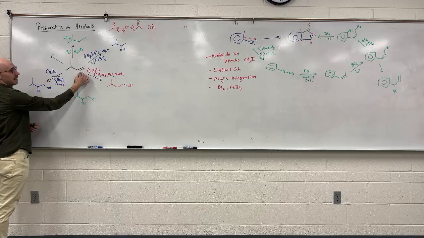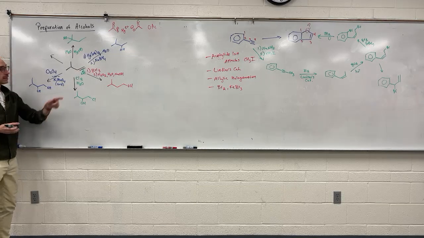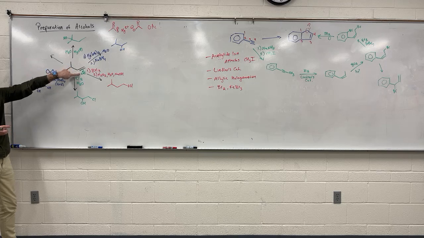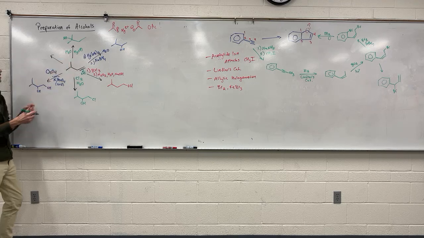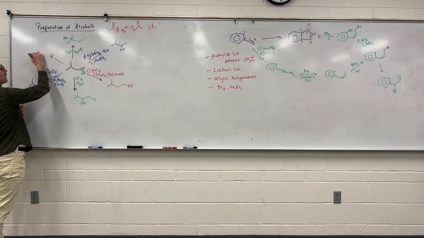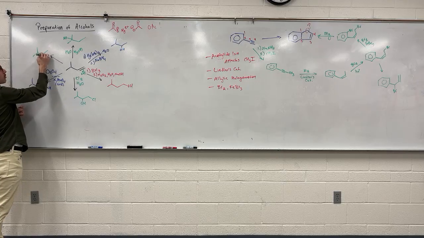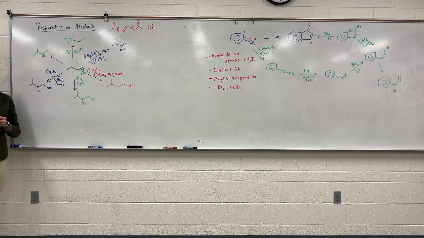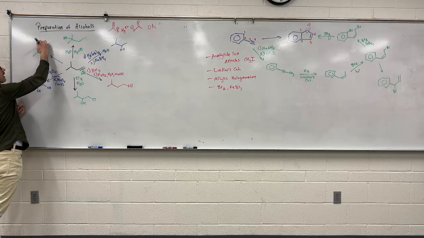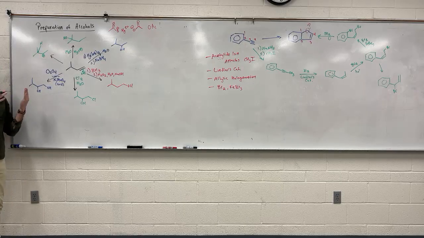In acid, the alkene is a base. So the alkene takes the hydrogen from H3O+, which leaves in its wake a carbocation. But that carbocation is not as stable as it would be on the adjacent carbon.